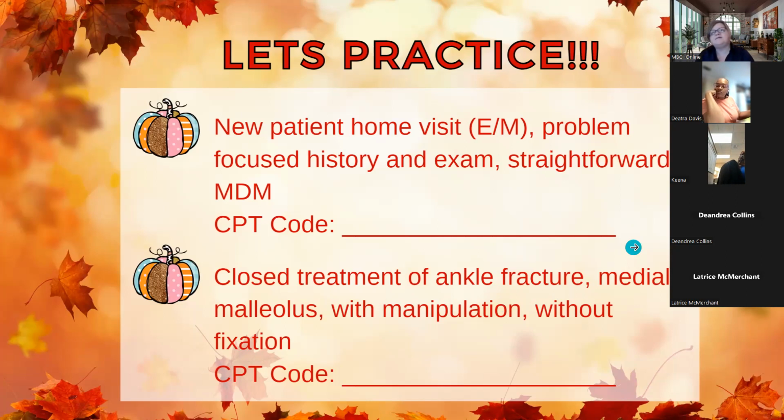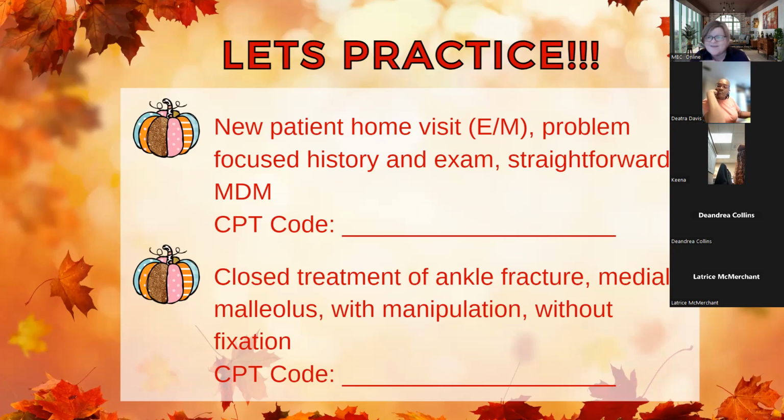So in the alphabetic index, like I say, there's more than one way to skin a cat. You can start several different ways with this. You can start by looking up fracture and then finding ankle indented down and go from there. You could also probably go medial malleolus, I would bet, but I would go ankle fracture.